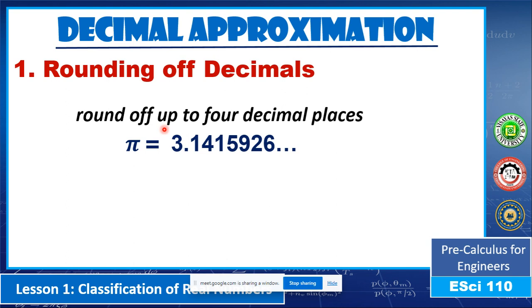So that's why let's just round it off. For this one, we round off up to 4 decimal places: first, second, third, fourth.